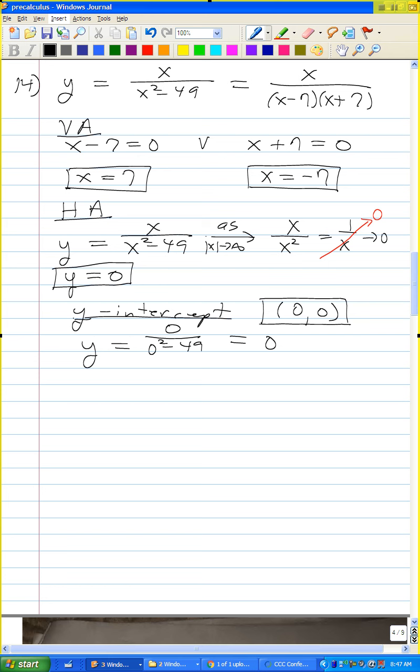So let's graph this. Okay, so 7. 1, 2, 3, 4, 5, 6, 7.